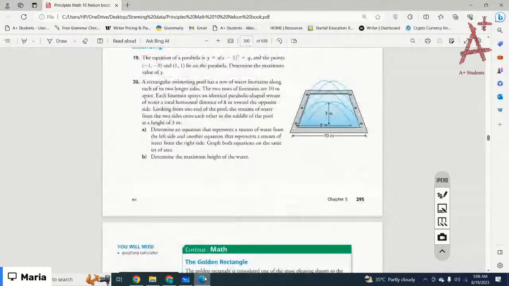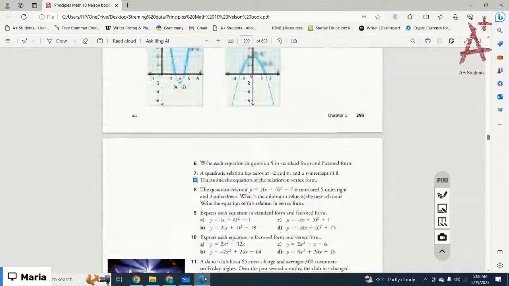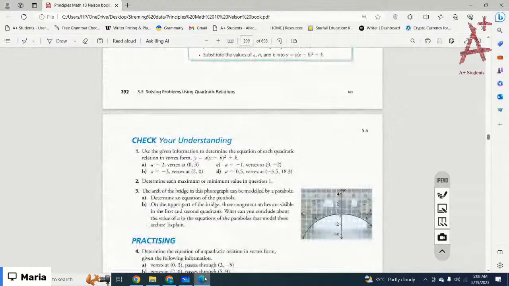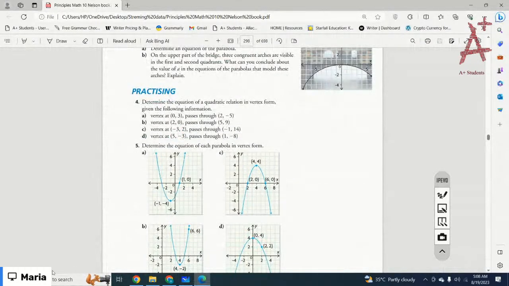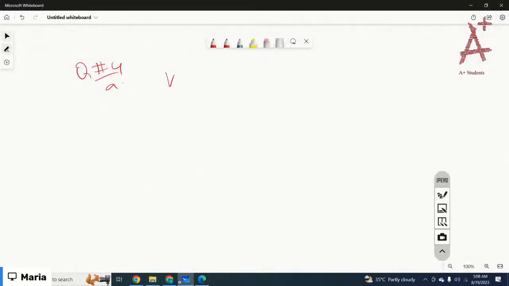Vertex at 0, 3, and passes through 2, -5. So the equation would be y equals a times x minus 0 square plus 3. You can put this point in and calculate the value of a, right?